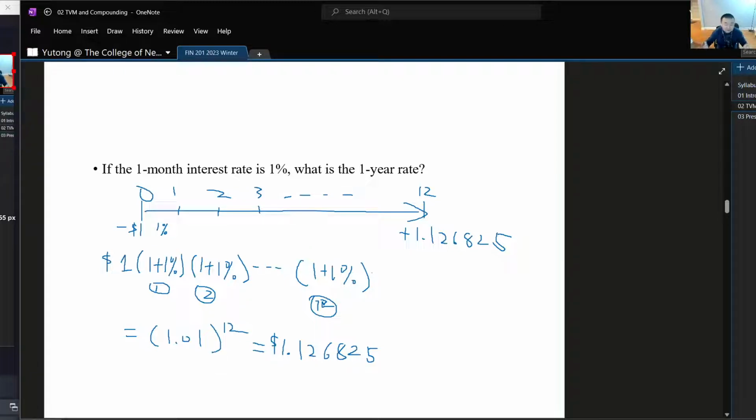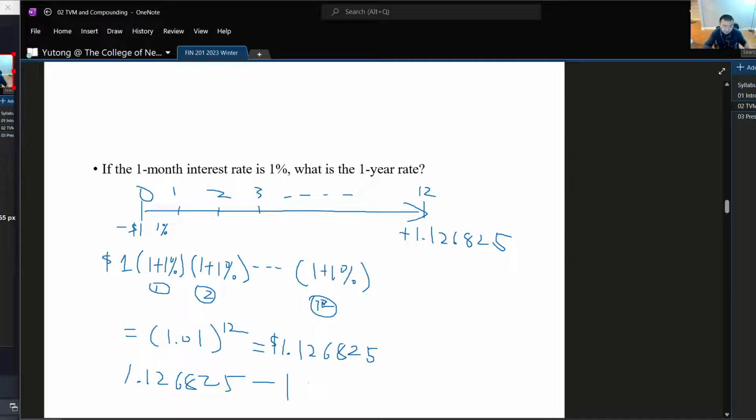So basically, this is saying for every month we have interest, and then at the beginning of the next month, I'm going to count the interest in. So how much return am I getting? I'm getting 1.126825 minus 1, right?